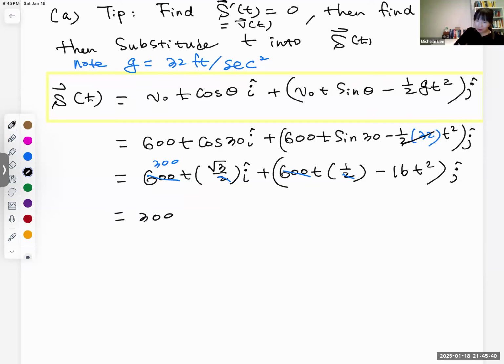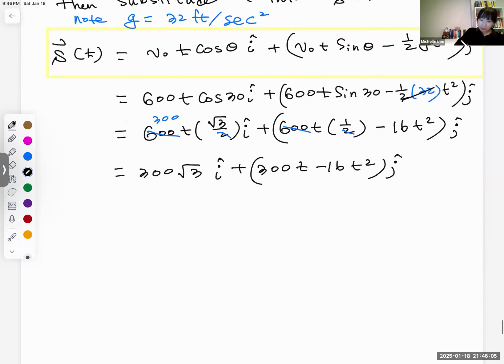So we have 300t. How about the square root of 3, right? So square root of 3. I have plus 300t minus 16t squared j hat, right?